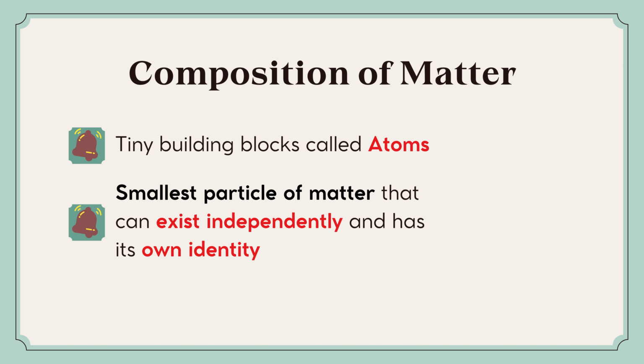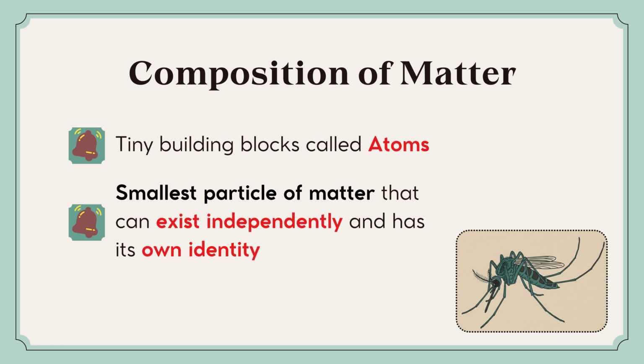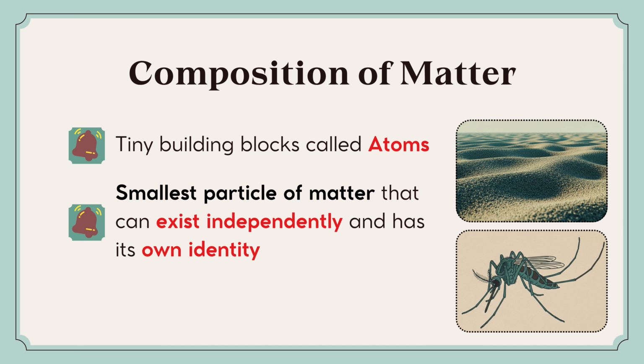Let's break that down. Imagine a mosquito. It lives independently and has its own identity. A grain of sand also exists by itself and has an identity. It's clearly sand, not water or dust. But are these atoms? No, because they are made of even smaller particles, which can exist independently and have their own identity.